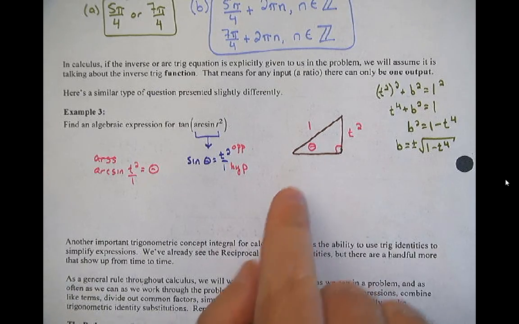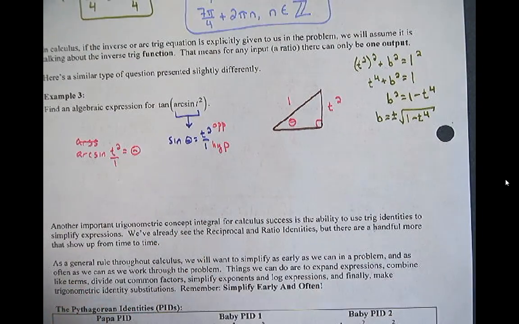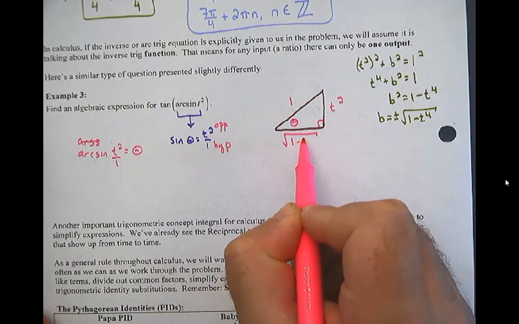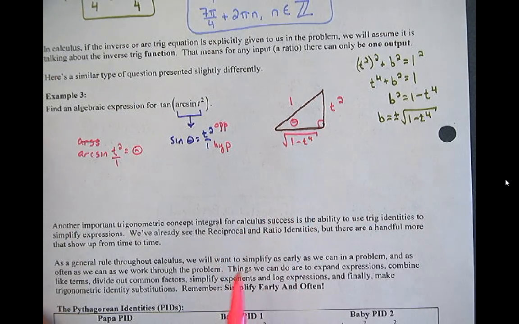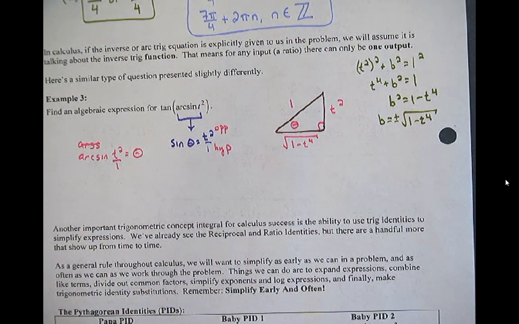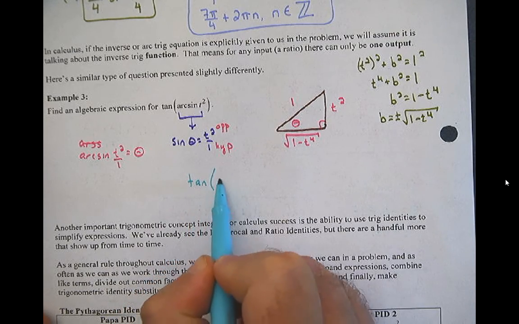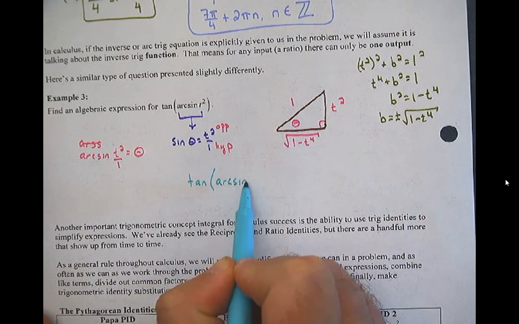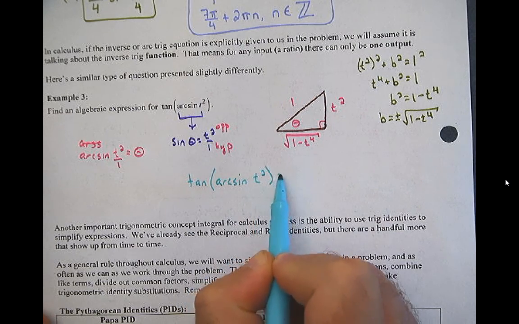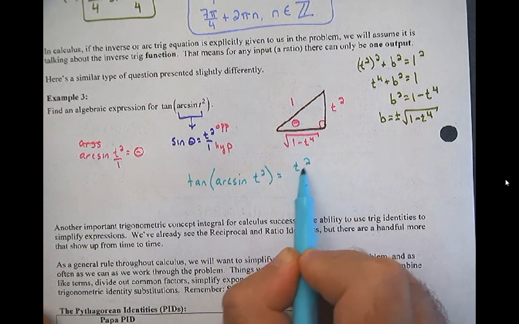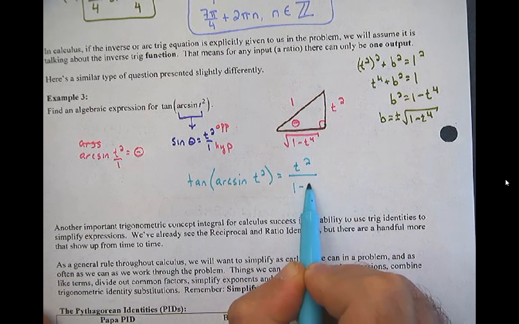Now, like I said, we don't have a designation of where this is in the unit circle, so I could use either one of those. I'm going to choose to do the positive. And then I can finally take all of this and evaluate the tangent of arc sine of t squared. Tangent is opposite over adjacent, so that would be t squared over the square root of 1 minus t to the fourth.